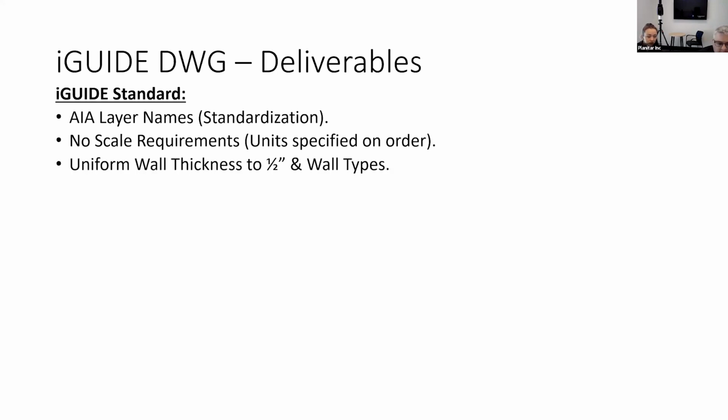For sure. Another big change, not just at the standard level, but the baseline for everybody, is that we've got uniform wall thicknesses of 1/2 inch, and we're now differentiating wall types on that drawing as well. That's really important, because on our previous drafting, when we were doing real estate properties, the accuracy was not super critical.